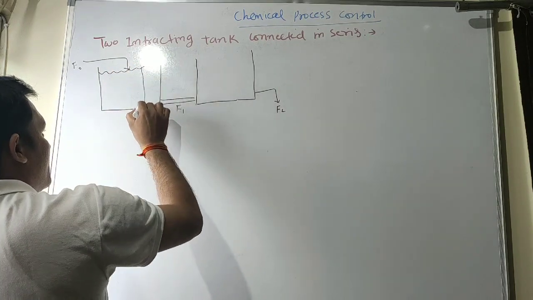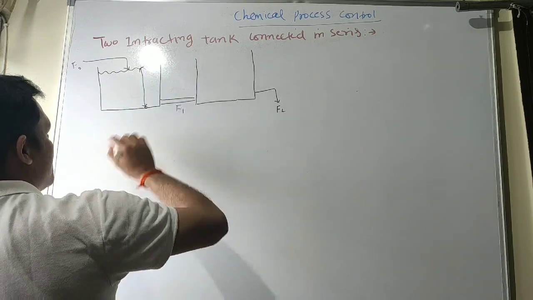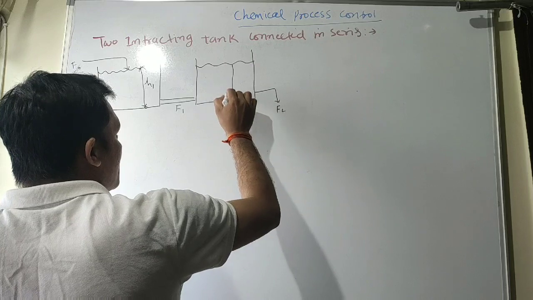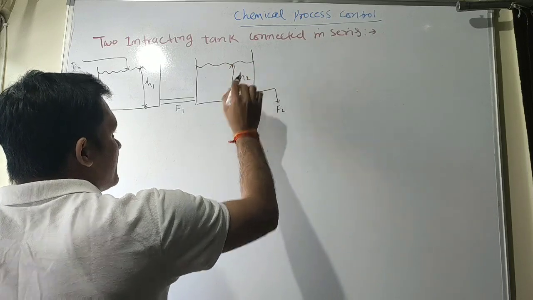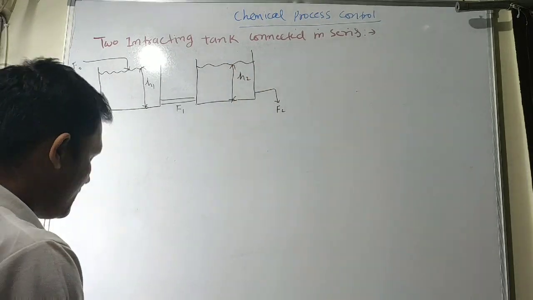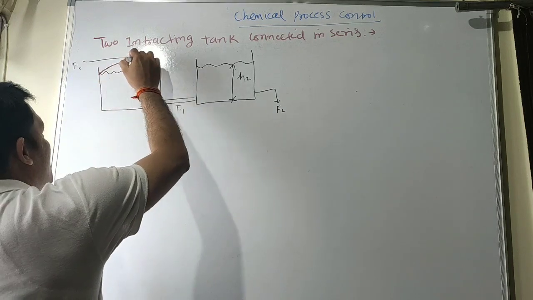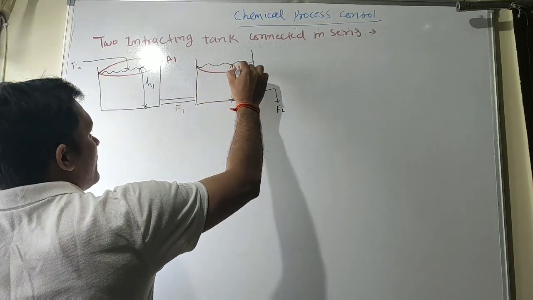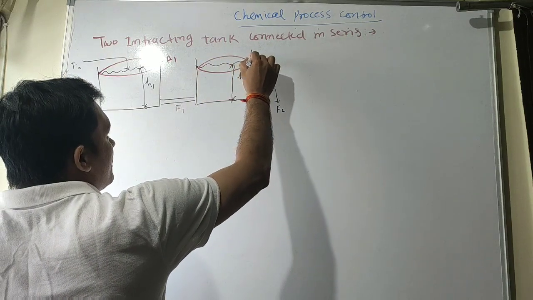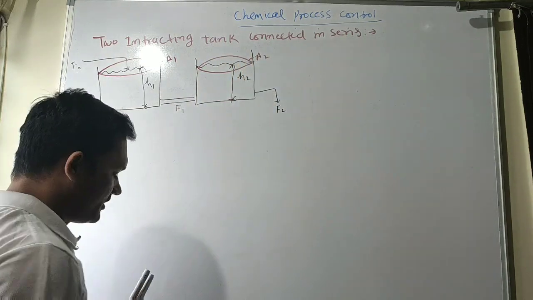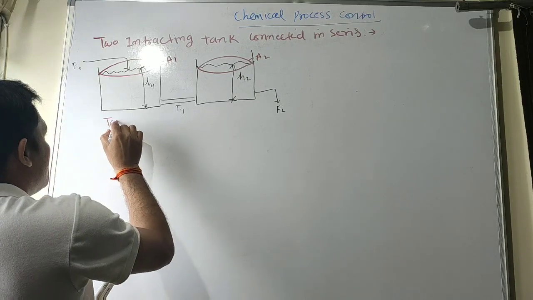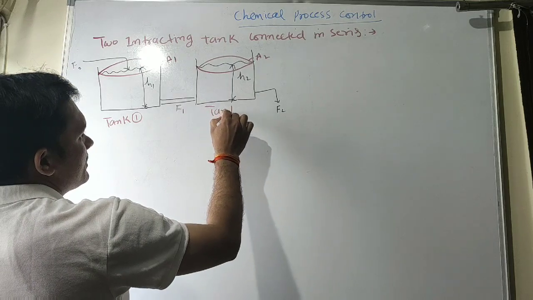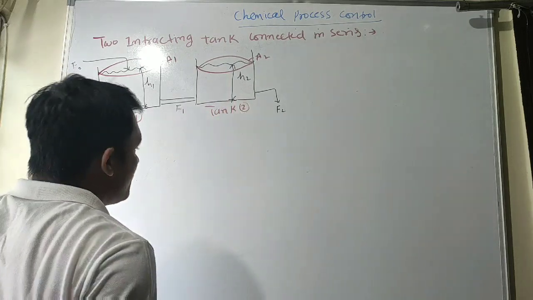The height in the first tank is H1 and the height of the water in the second tank is H2, and the cross-sectional area of the first tank is A1 and of the second tank is A2. This one is tank 1 and this one is tank 2.